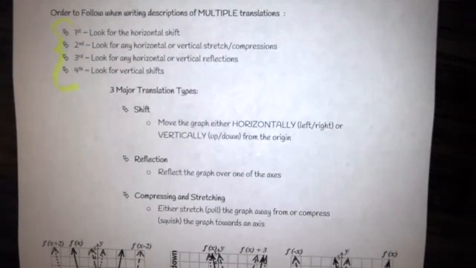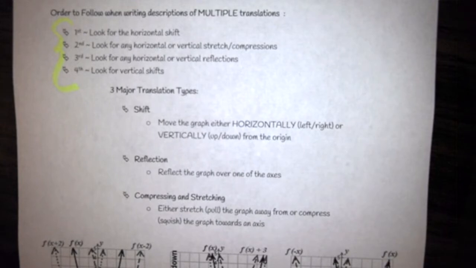In Hawks, in order to get your graphs correct, especially in your homework and potentially an online exam, to put a translation in correctly, you first need to do the horizontal shift. Then you will put in any horizontal or vertical stretches or compressions. You will then look for any horizontal or vertical reflections. And then lastly, you will put in your vertical shifts.